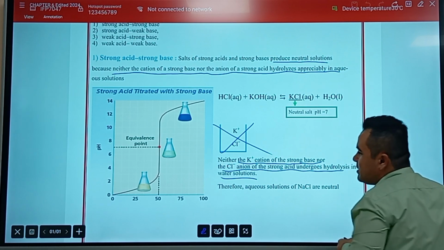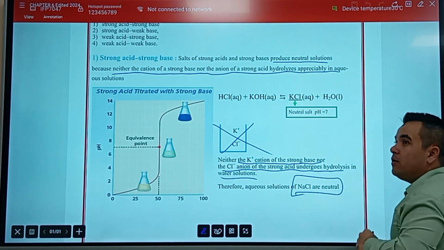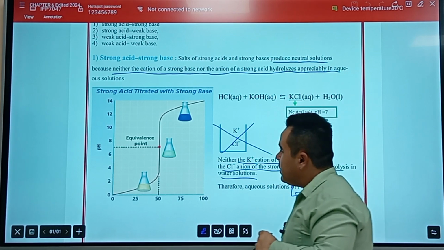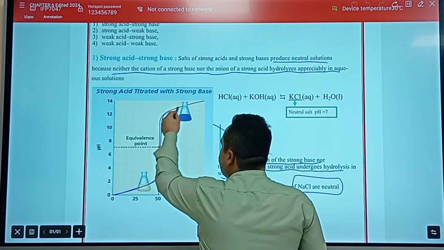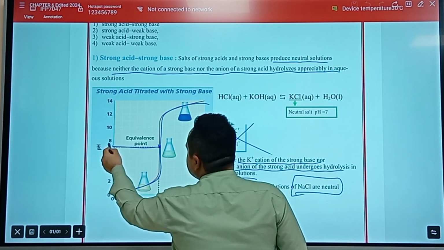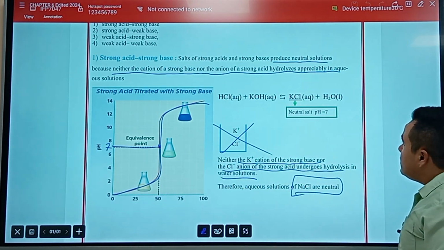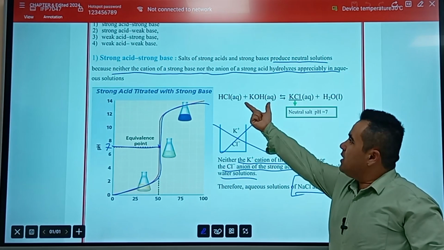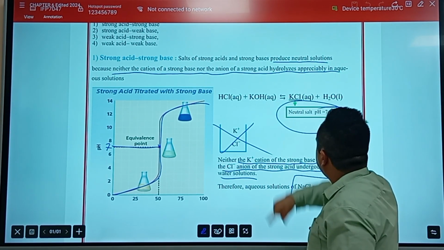They do not hydrolyze. Therefore, an aqueous solution of NaCl is neutral, and the graph can be represented as usual. The equivalence point is at a pH of 7. You have to know that a neutralization between strong acid and strong base will produce a neutral salt.